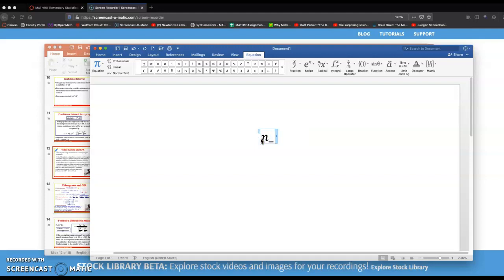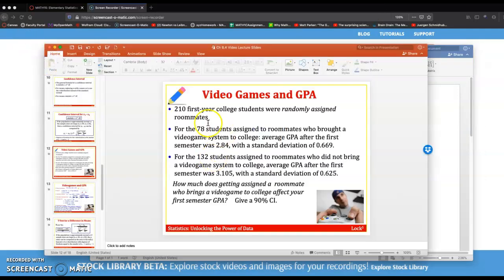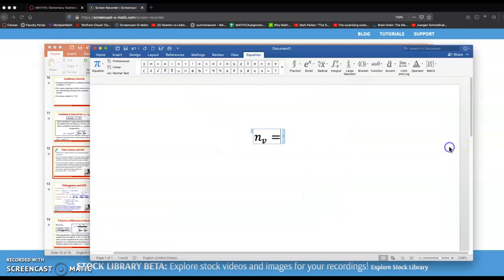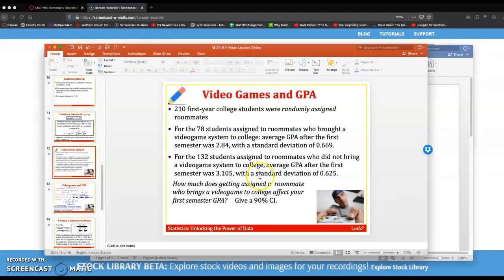Let n sub v denote the video game group. Out of that video game group, 78 is the sample size. We're going to use x bar subscript v to denote the average GPA of students whose roommate had a video game system.